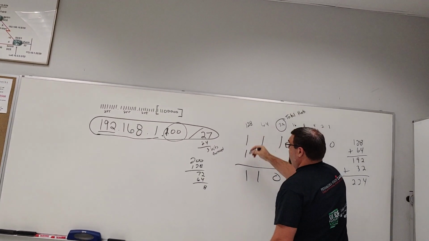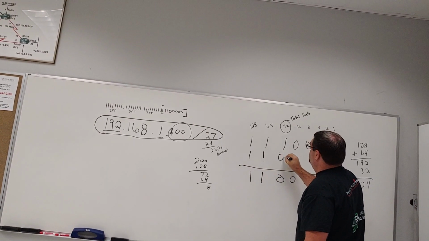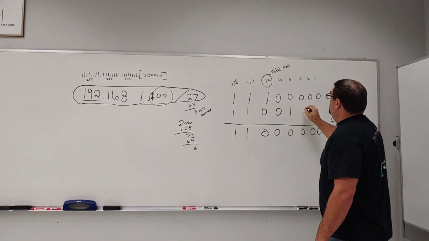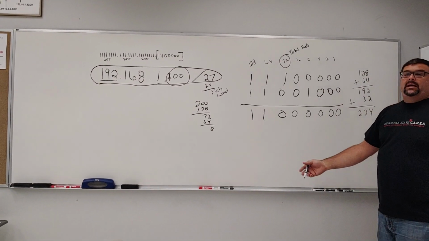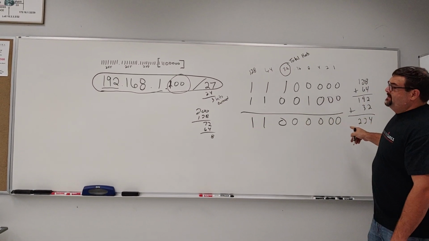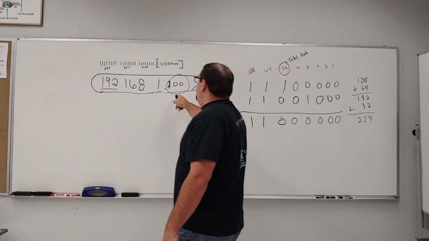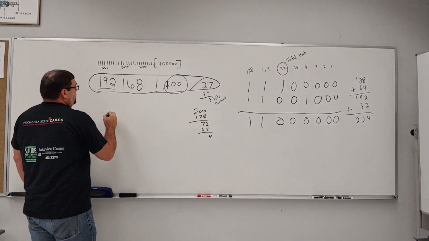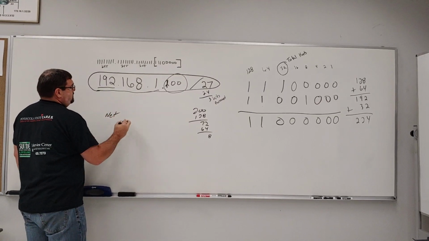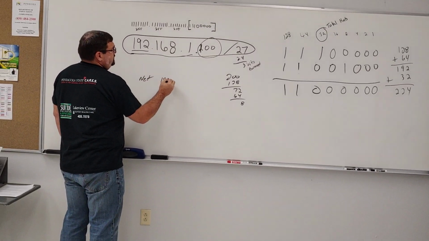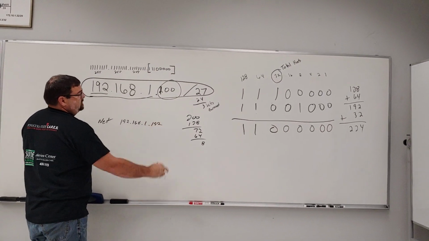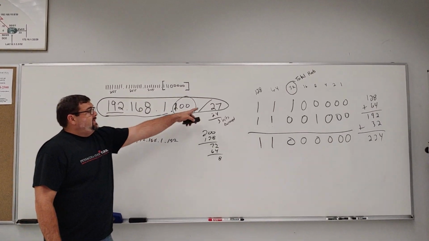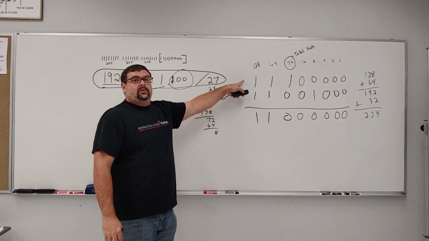So I did 128, yes, 64, yes, 32, no, 16, no, 8, yes, and the rest no. I do my ANDing, guess what? Still stays exactly the same, so I know that the network address for the 200 bracket is 192.168.1.192. This never changes.